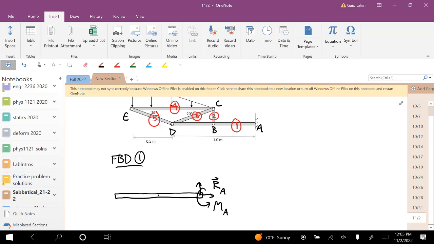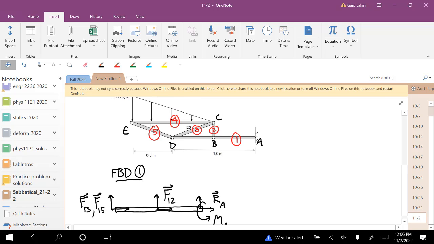They don't, do they? And then here you have the force on 1 by 2. And then here you have the force on 1 by 3 and the force on 1 by 5. Okay, so does that agree with what you had?